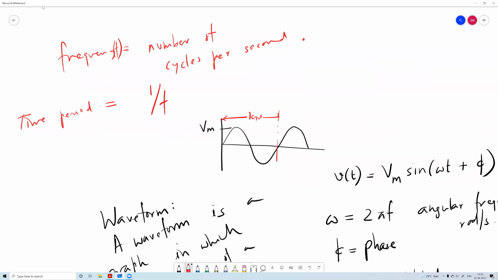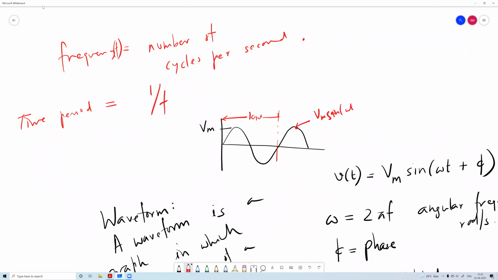Amplitude is the maximum possible value the waveform can have. Okay, phase. It is the time elapsed since the waveform has last passed the 0 mark. Obviously, this waveform has a phase of 0.